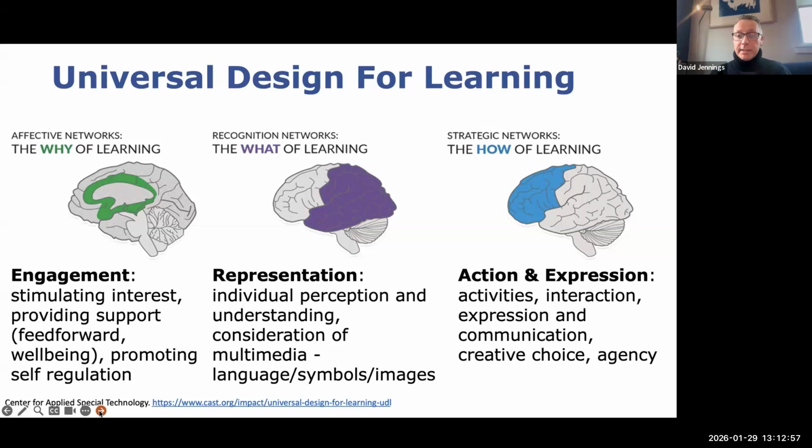And then the how of the learning is almost at the end point. This is by way of how a student actually expresses their emerging understanding, their development. And it could be through given activities, it could be through how we communicate.